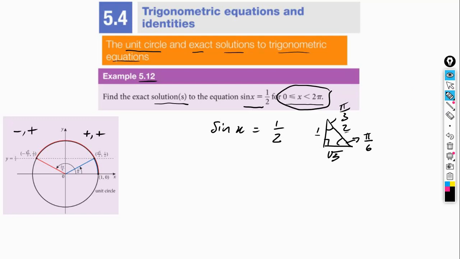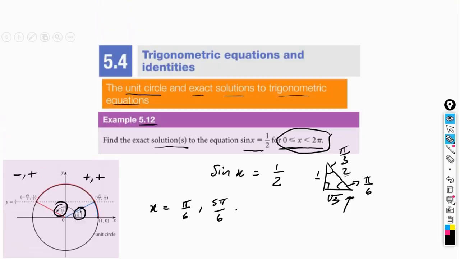So we have two possible solutions within this domain. And those solutions are going to be pi over 6, which we found with the reference triangle, but we cannot forget the other solution, which is 5 pi over 6. So we say that x is equal to pi over 6 and also 5 pi over 6.